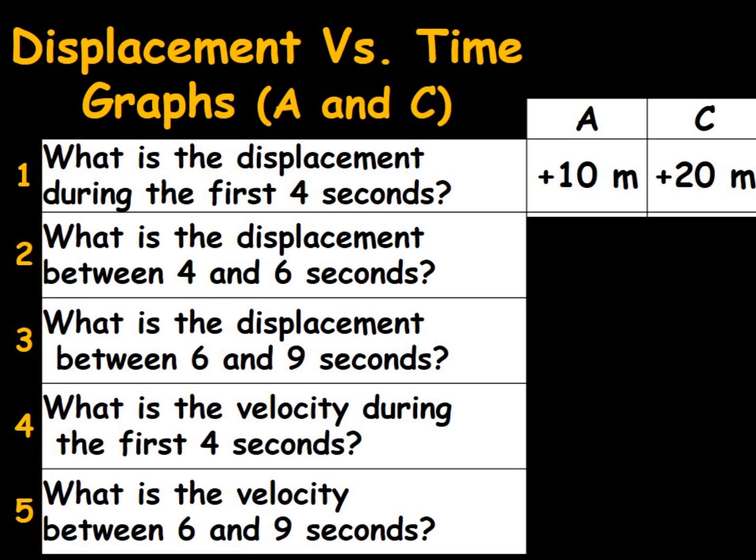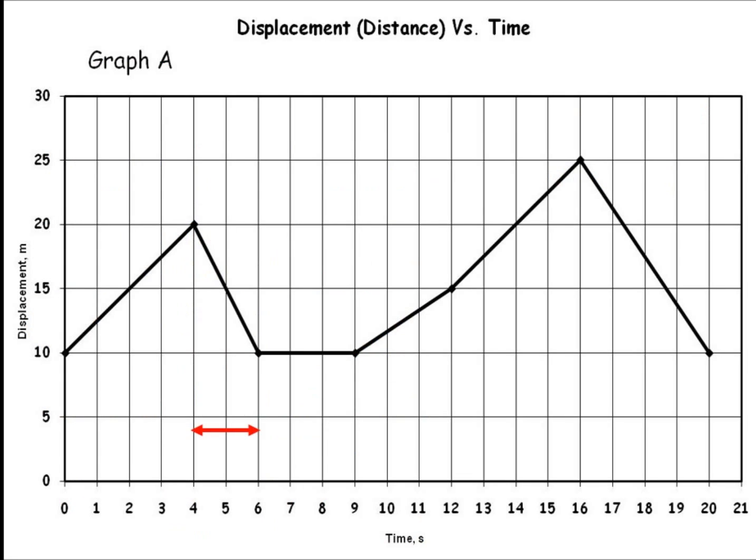The next problem says, what is the displacement between 4 and 6 seconds? Remember, when they say displacement, what they're really meaning is, what's the distance traveled? Now, you can see that when it goes from 0 to 4 seconds, it's going forward. And from 4 to 6 seconds, it's going backwards.